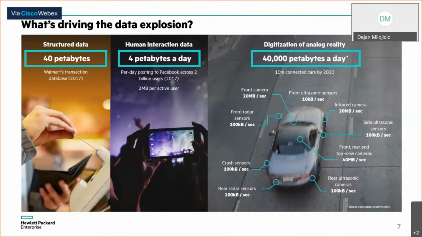Then if you look at the cars with all the sensors, there's about 40,000 petabytes or 40 exabytes per day. So, and that source of many sensors that are providing it with all over. So we are switching from user-centric to human interaction with many devices to many sensors.